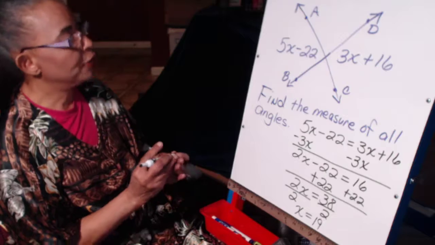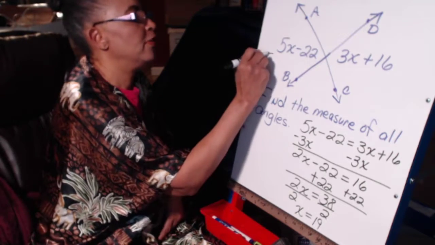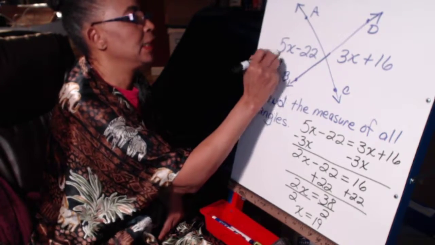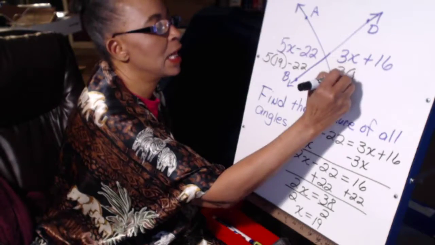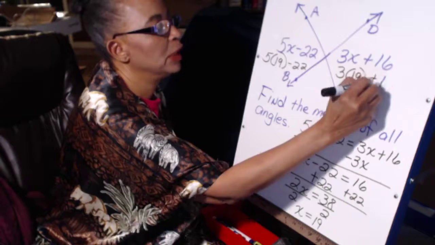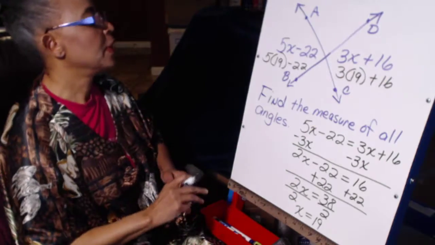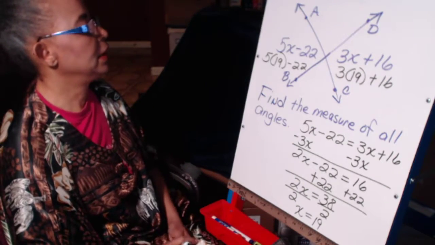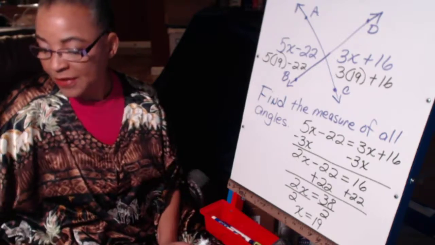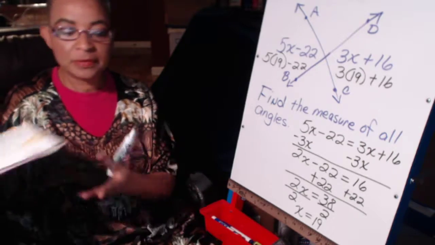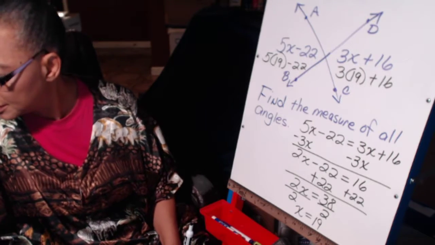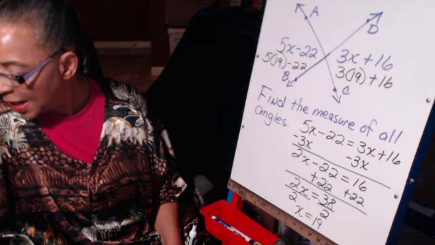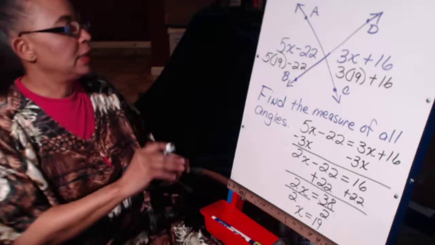So now we know that 5 times 19 minus 22 should equal 3 times 19 plus 16. So 5 times 19 is 95.